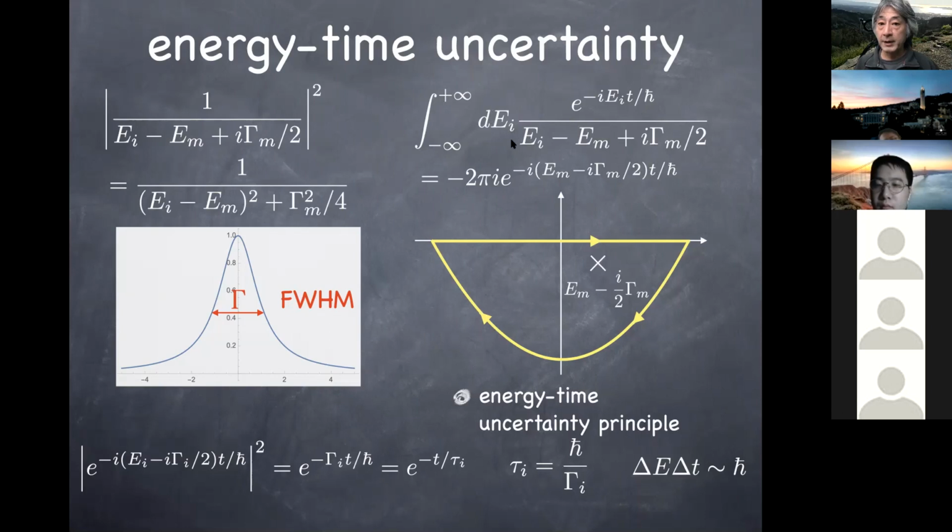The energy of the photon you're sending in is of course real, so that's an integral along the real axis. But when t is positive, I can add an additional section coming back in a half circle on the complex plane because in the limit of infinite E, as I extend this contour all the way to infinity, this numerator damps exponentially. So this half circle adds only 0 to the final result.